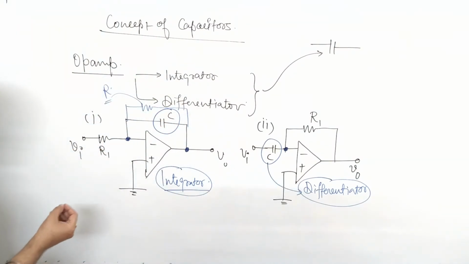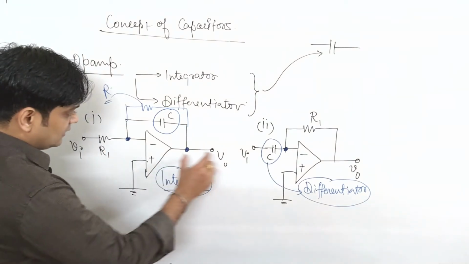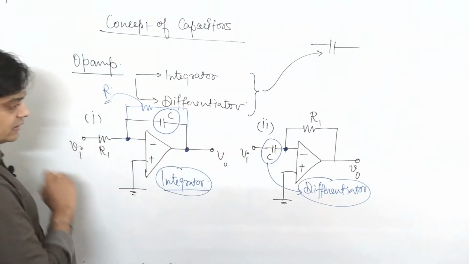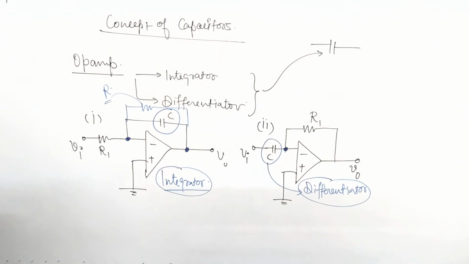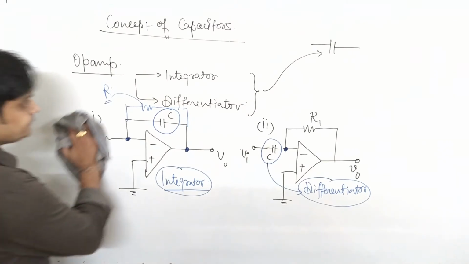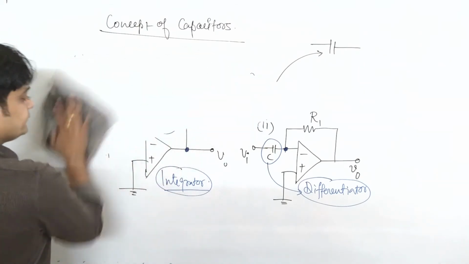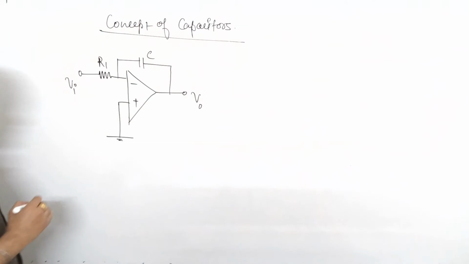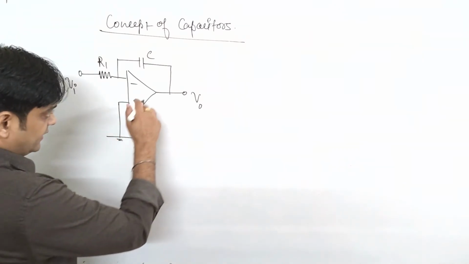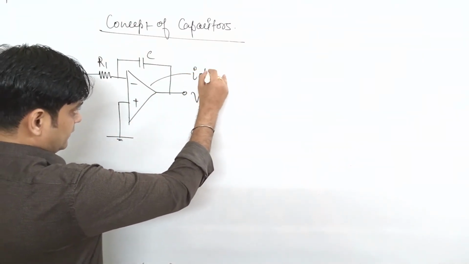So we will see the relation between the output voltage and input voltage in both cases, integrator as well as differentiator, so that one can easily understand how it acts like an integrator and how it acts like a differentiator. As I said earlier, whatever op-amp we are considering here is ideal in nature. Very important thing.